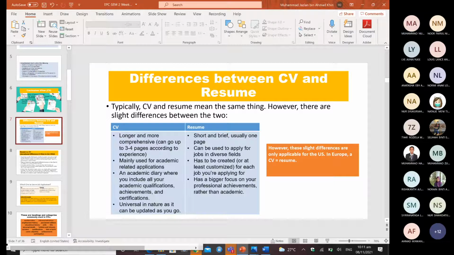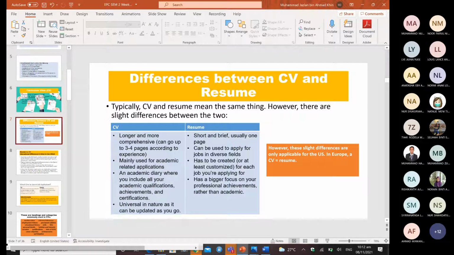And it is used mainly for academic applications, meaning that normally you use a CV for an academic related position, and also you use it to apply for a scholarship, okay, beasiswa. And you also use it when you want to apply to study for a PhD, okay, your postgraduate studies.